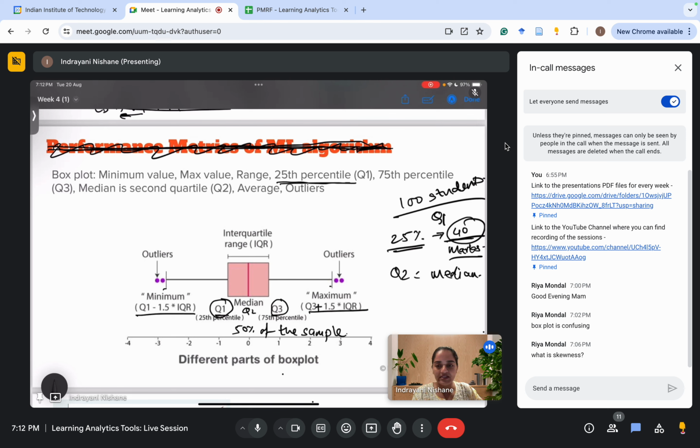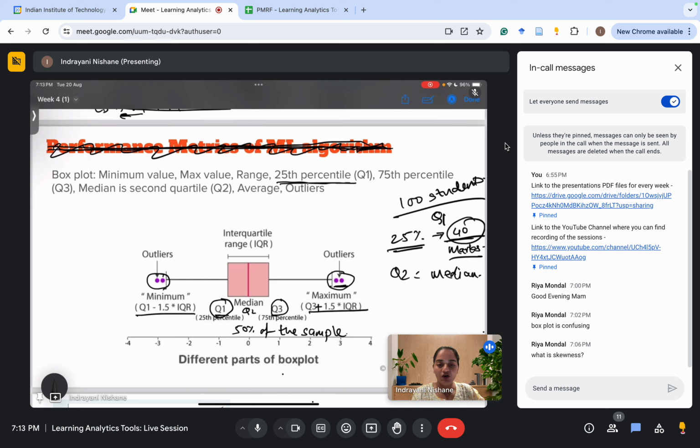And the minimum value is Q1 minus 1.5 multiplied by the interquartile range. The data points from our sample which occur beyond the maximum are officially our outliers. And the data points which are below the minimum are also outliers.